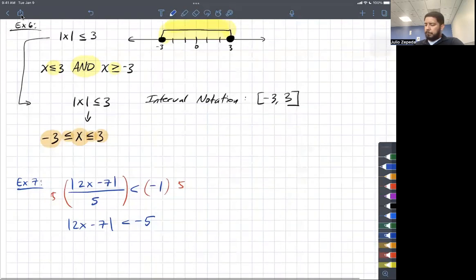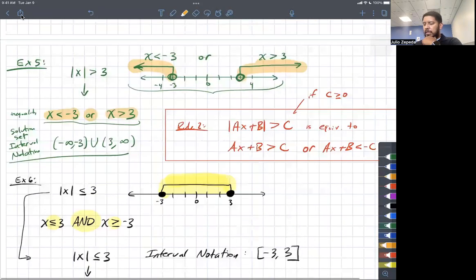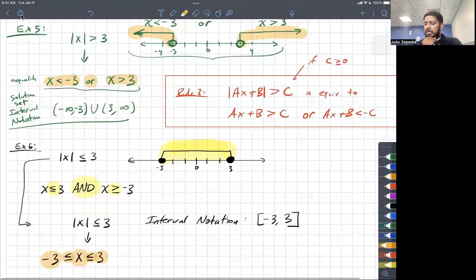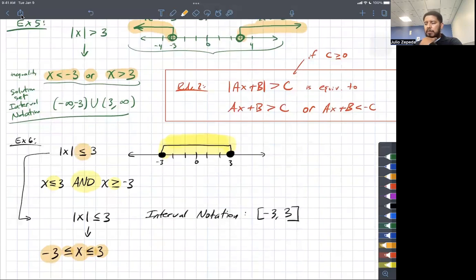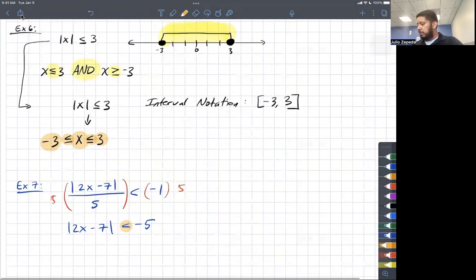Now we need to see which rule we could use here. Notice that we have a less than symbol, and so we should use the rule that we gave. Oh, and I didn't write rule number 3, so let me go ahead and write that down. Essentially, rule number 3 comes from this absolute value being less than some positive number. We'll use the rule from example number 6, and let me write it down.